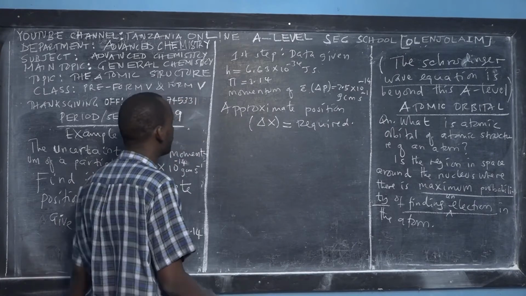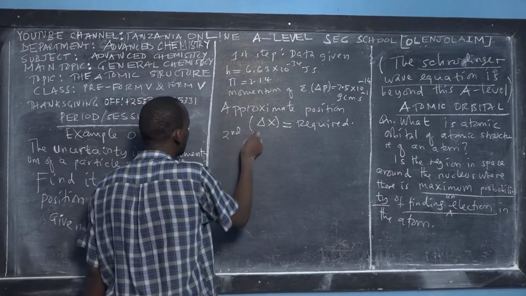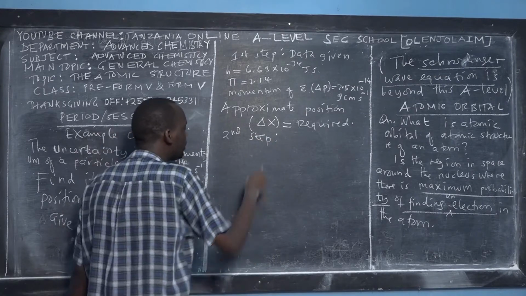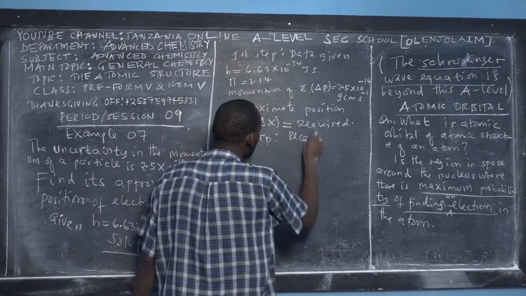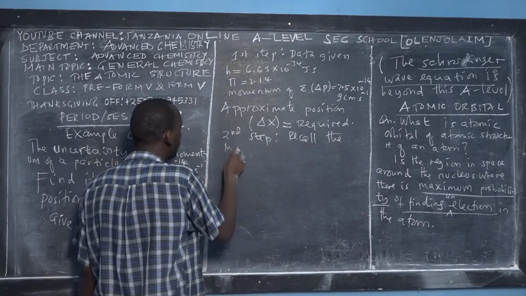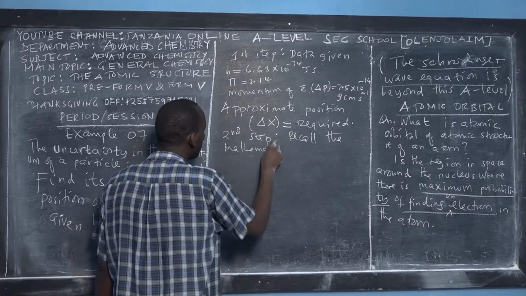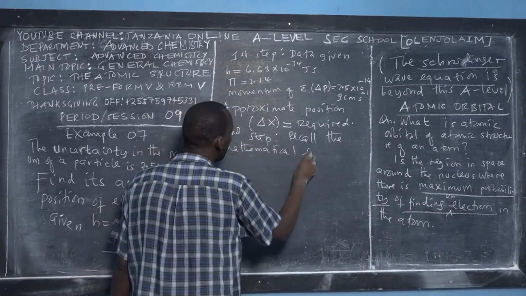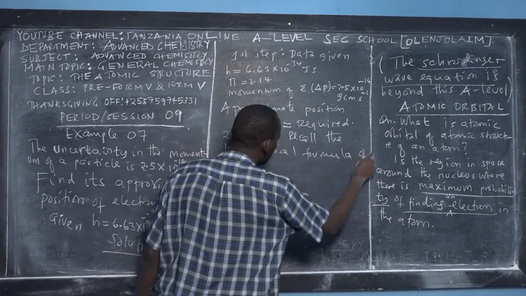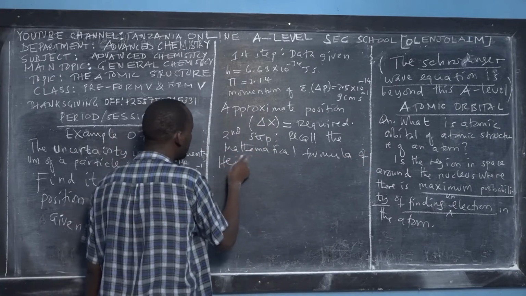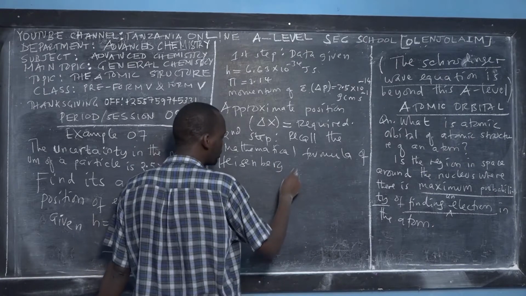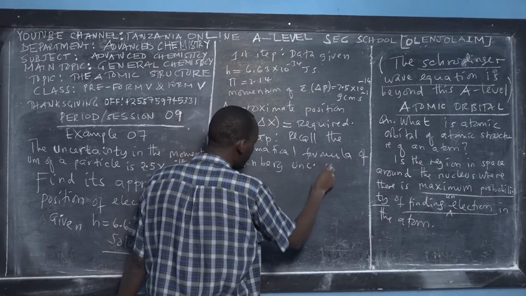Okay? So we go to the second step. In order to deal with this problem, we have to recall the mathematical formula of Heisenberg, the Heisenberg uncertainty principle.